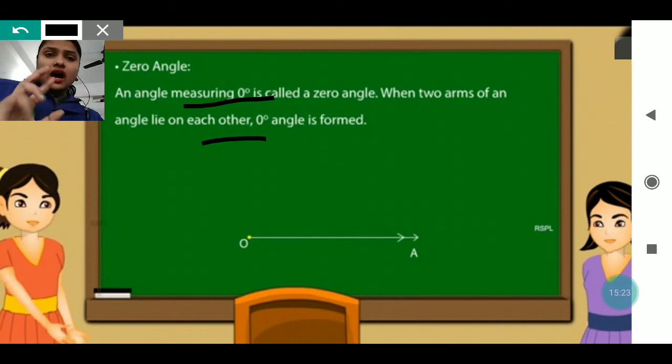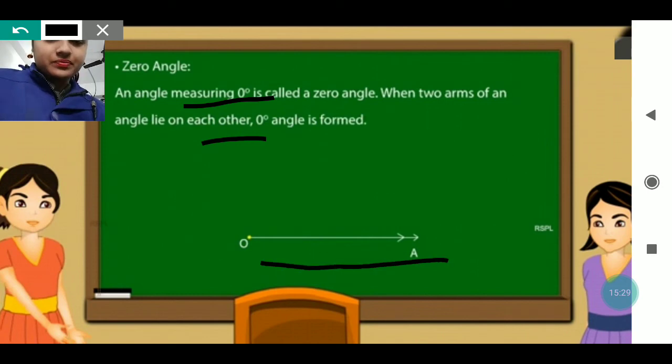You can see in this figure, when one arm is there and the second arm is there, and both lie on each other, then a 0 degree angle is formed.